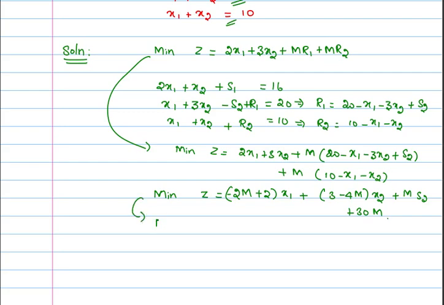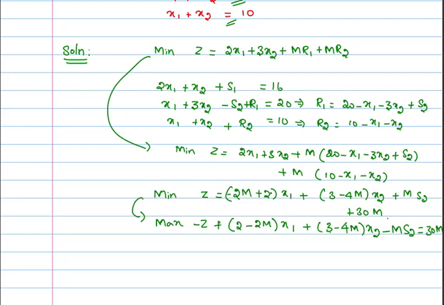So I convert it to maximize of minus z plus (2 minus 2M) times x1 plus (3 minus 4M) times x2 plus M times s2 equal to 30 times M. To write it as a maximize problem, I simply multiply by the minus sign.